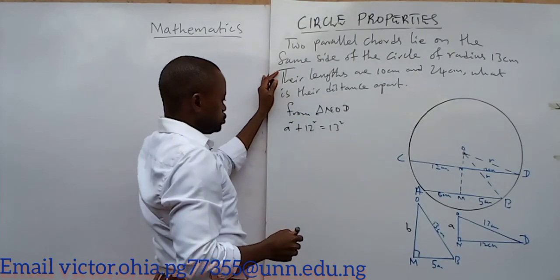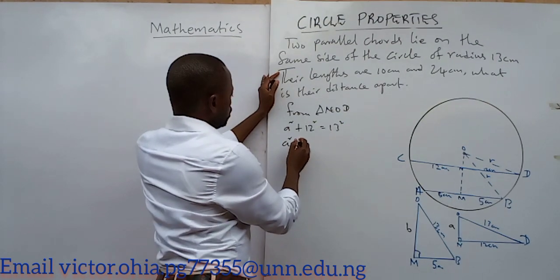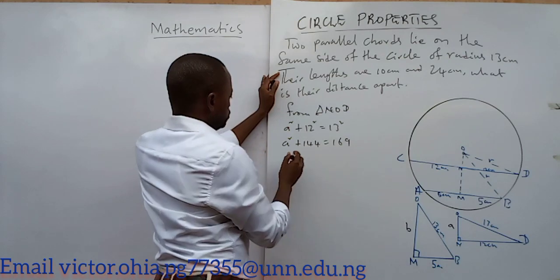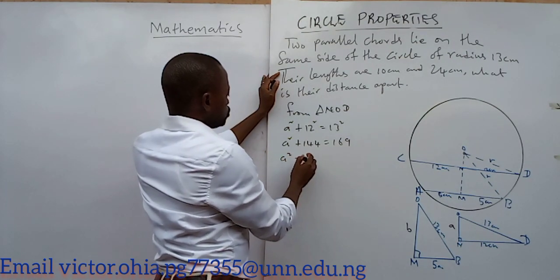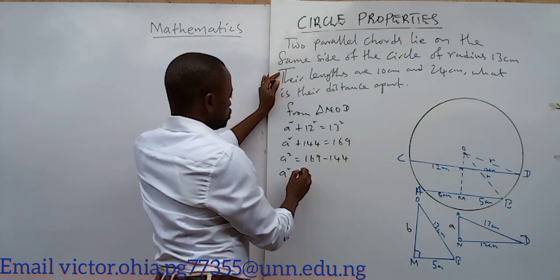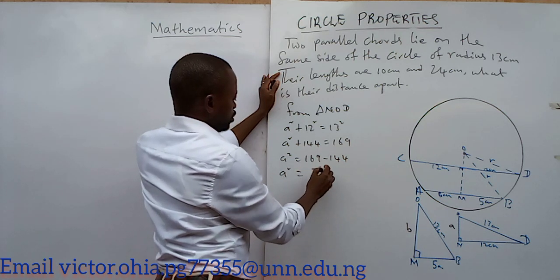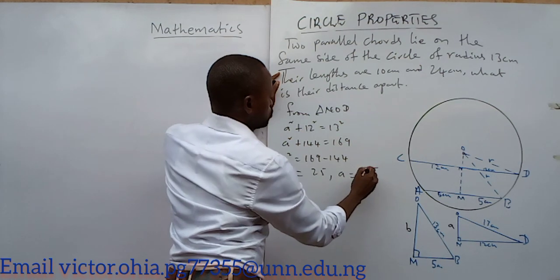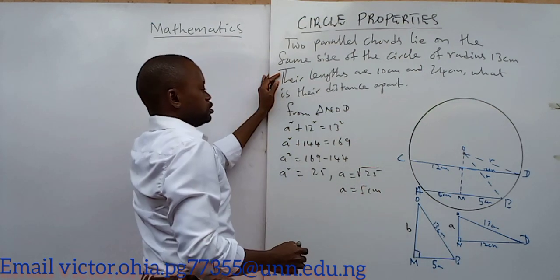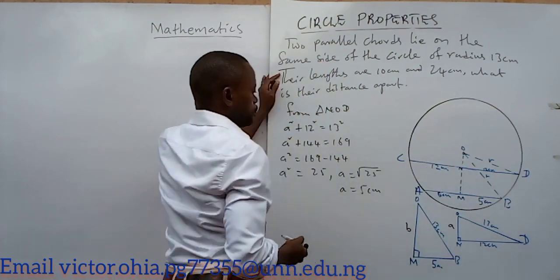That is the square of the hypotenuse. So A squared plus 144 is equals to 169. So A squared is equals to 169 minus 144, and A squared is equals to 25. So A is equals to square root of 25. So A is equals to 5 cm. That's from here to here. That's A.